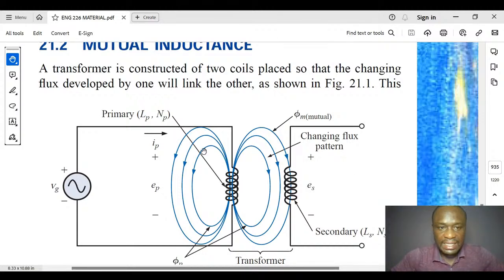Now, as this N is increasing, the number of flux around this region is equally increasing. So if we bring a material, be it metal or anything, or a turn of wire around this flux we are seeing, are you following?